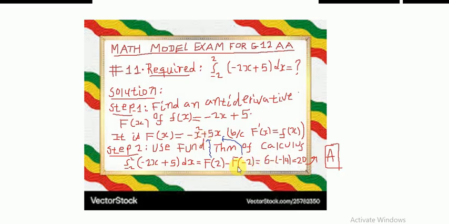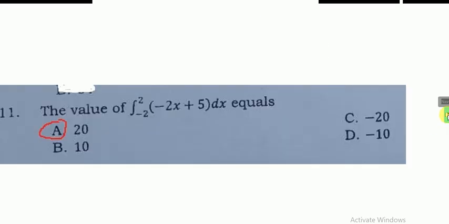Evaluating at -2, we get -10 minus 4, which is -14. So the difference F of 2 minus F of -2 is 6 minus (-14), and this is 20. So the answer is A.